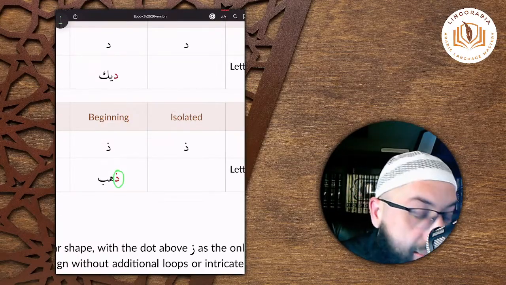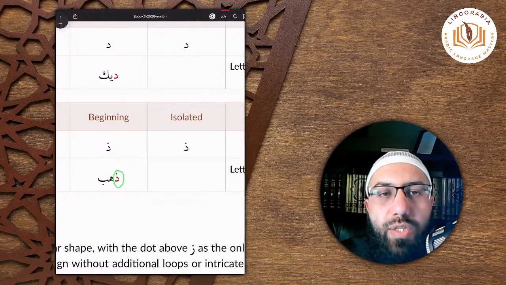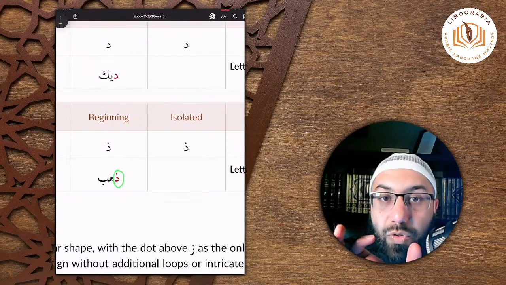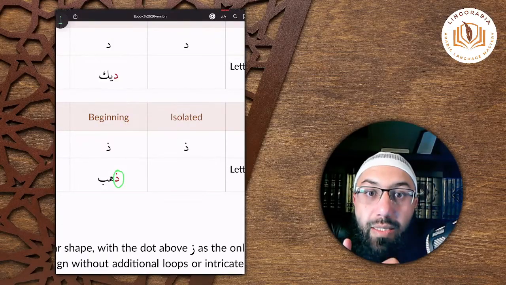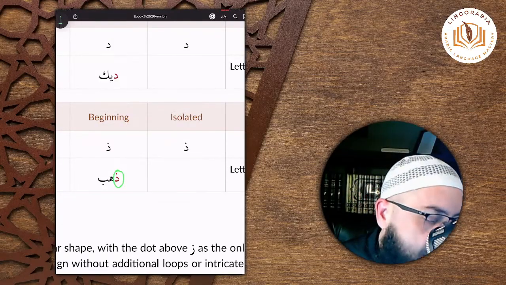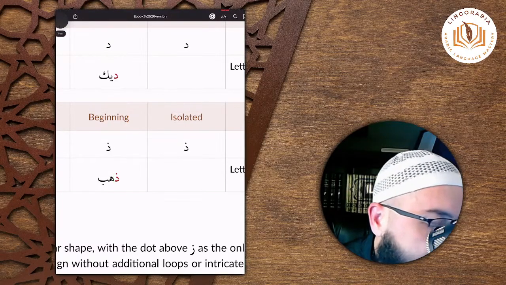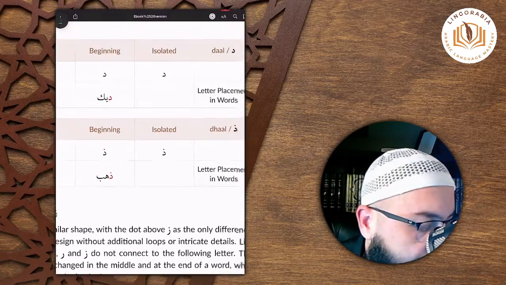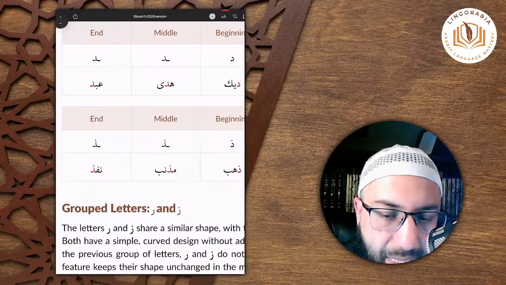And sometimes you see in Arabic that there are 2 or 3 or more words which are connected, written in one formation, and you will see this inshallah ta'ala. So these are things that are specific to the Arabic language. So the dal in the beginning, and then we got the dal in the middle.